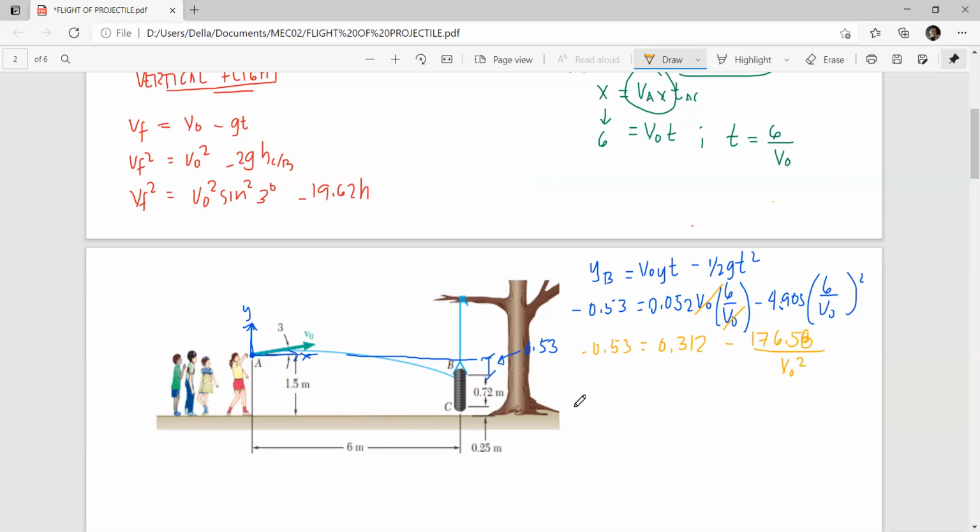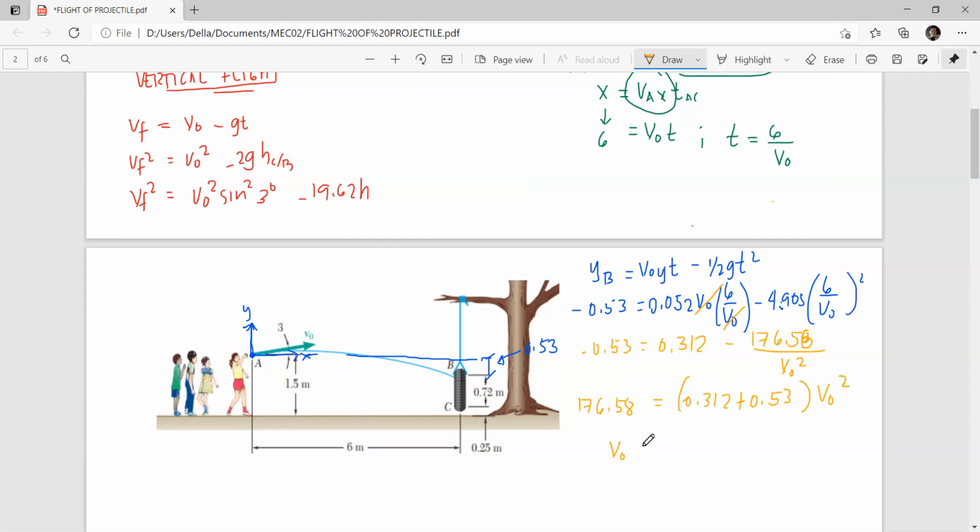Okay, rearrange. This 176.58, transpose, equals 0.312 plus 0.53 times velocity initial square.